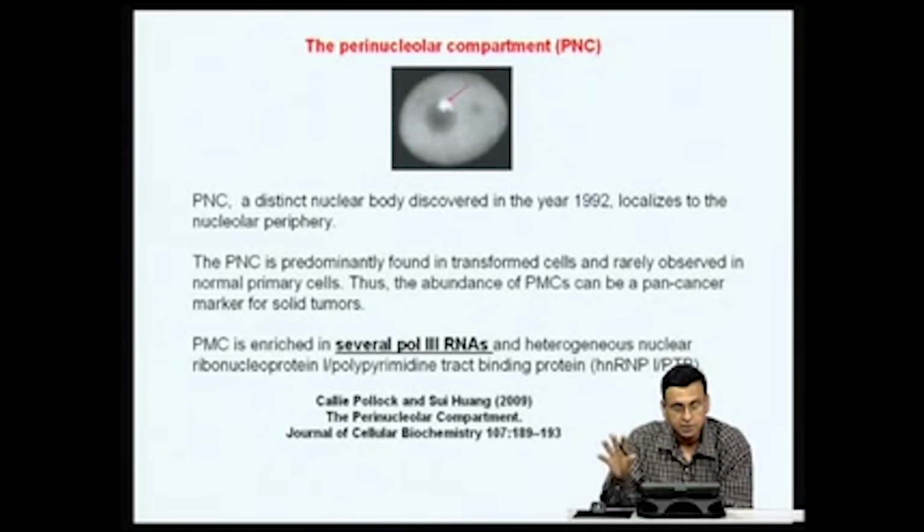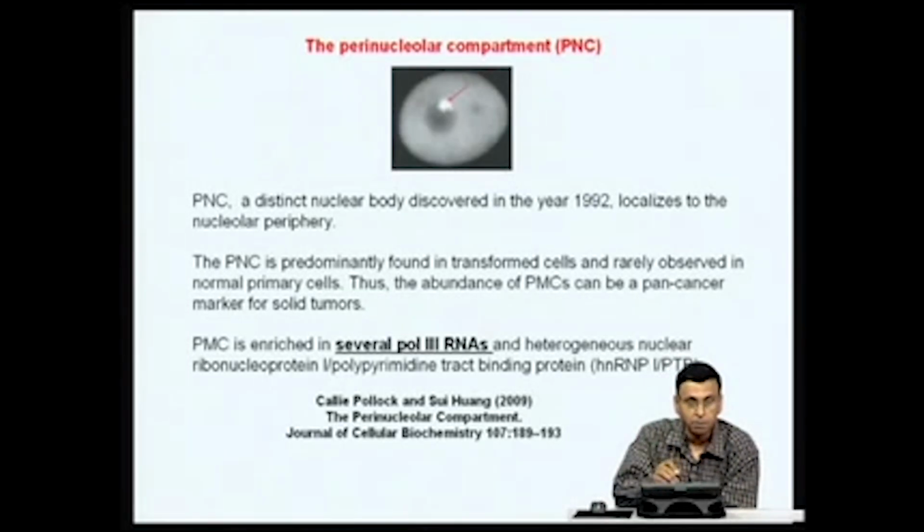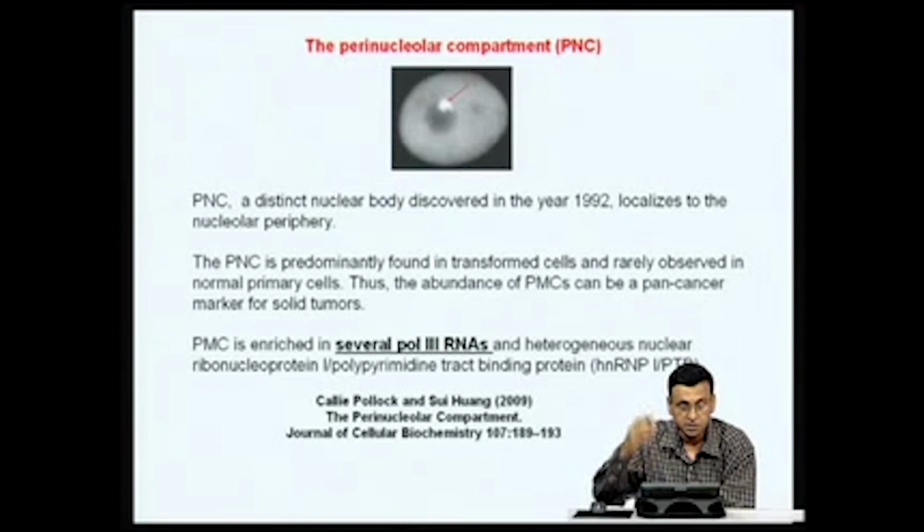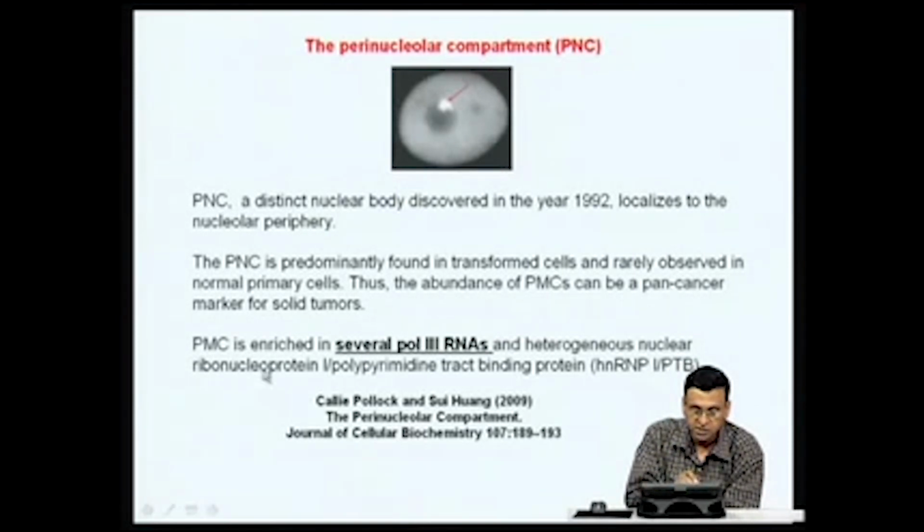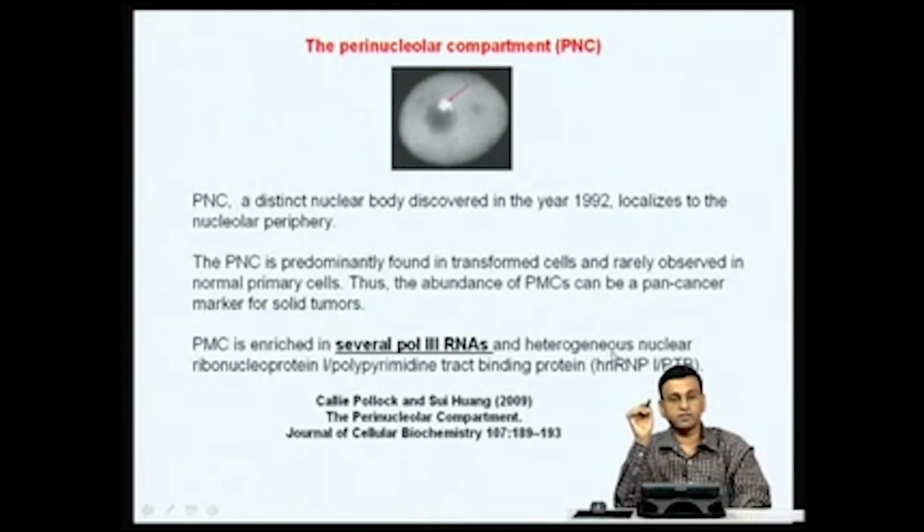So, in normal cells you rarely see this perinuclear compartment, whereas in the case of cancer cells it is very prominent, and it turns out this PNC is highly enriched in several Pol III RNAs as well as heterogeneous nuclear RNA protein 1, a polypyrimidine tract binding protein involved in hnRNA synthesis.